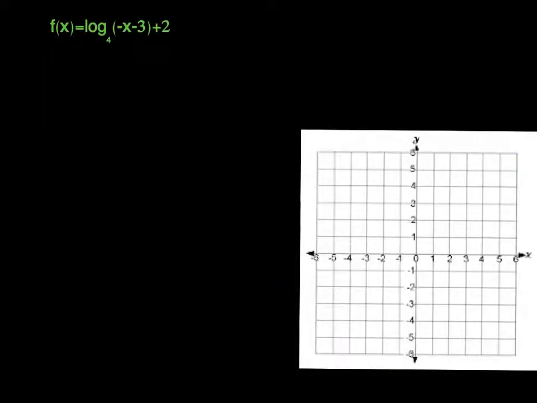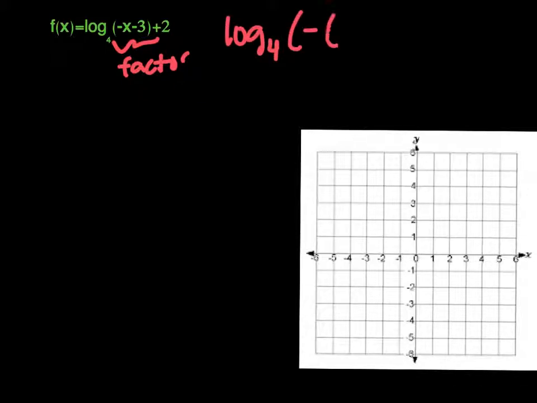Okay, so let's graph one with everything in it. The first thing that you have to remember is you need to factor first. So I need to factor out a negative in order to do my transformations. I need to take a negative out of this part right here, because in order to figure out if I'm going right or left, it has to be x minus something or x plus something.